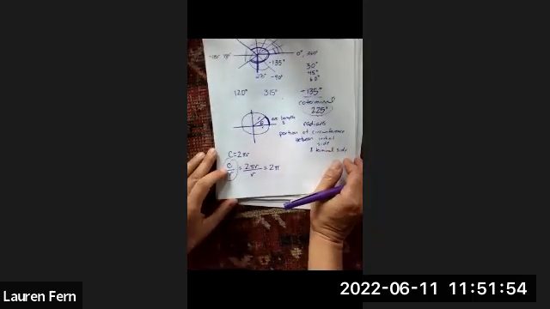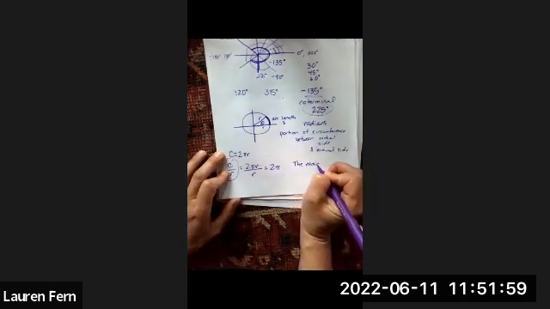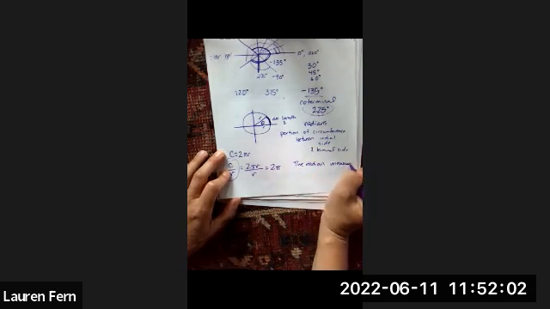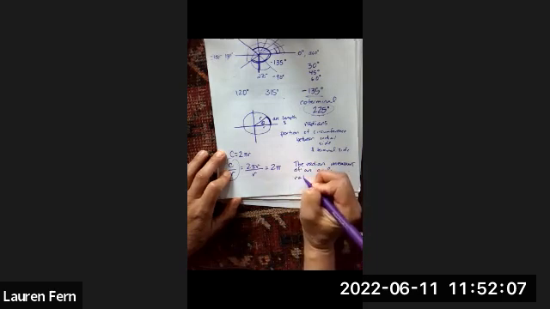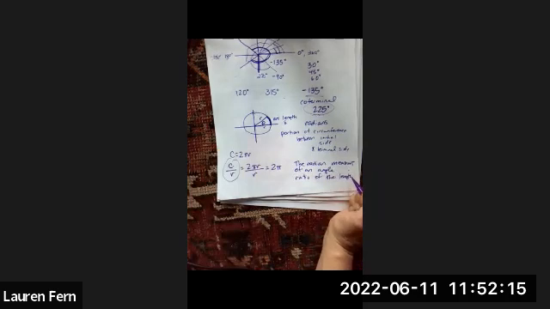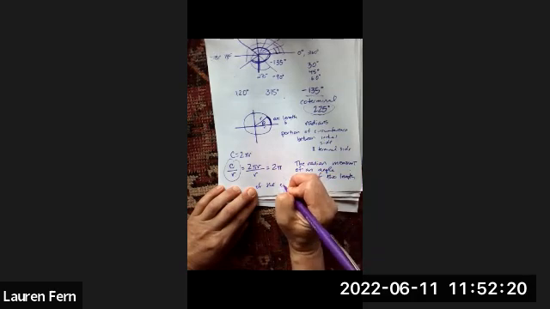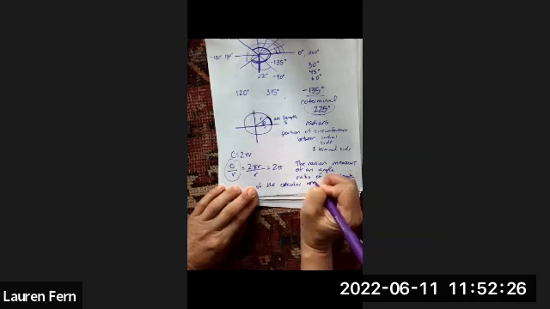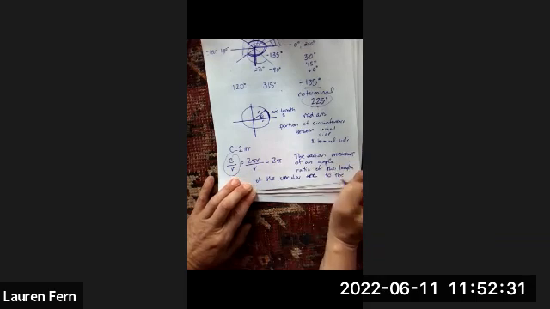Okay, so when we talk about the radian measure of an angle, it's the ratio of the length of the circular arc, subtended by the angle, to the radius.